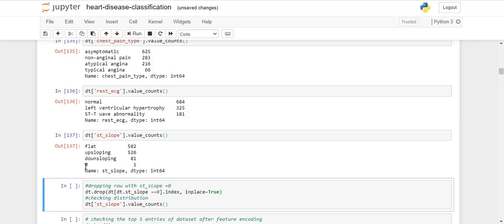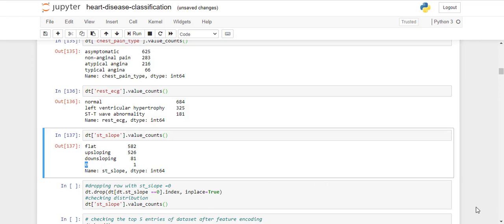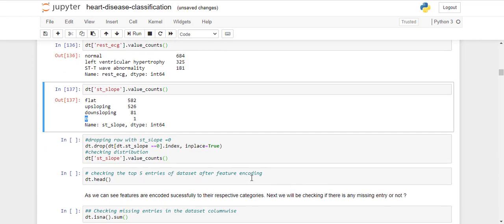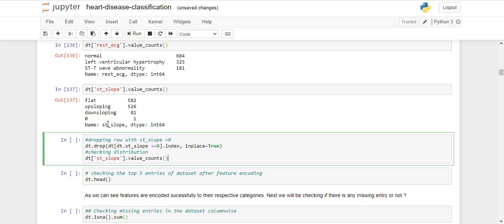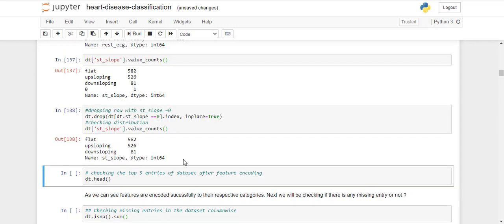So we should remove such rows. I am simply removing this row which has slope 0. I am retrieving that index and dropping it by passing it into df.drop. Now we will just count again. Now we find flat, upsloping, downsloping. Now check the data.